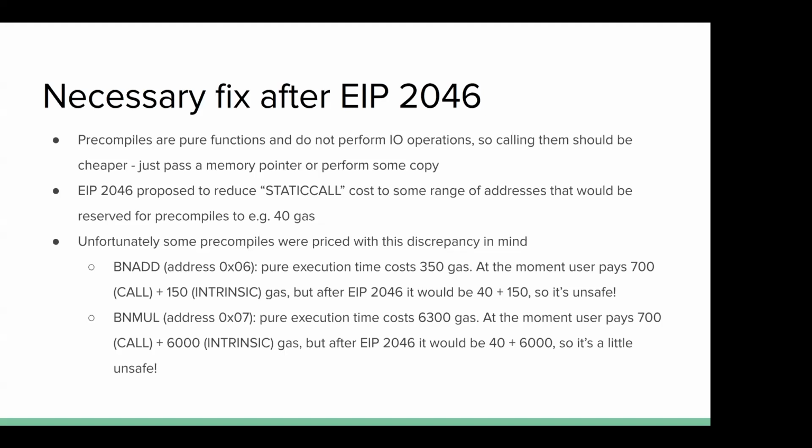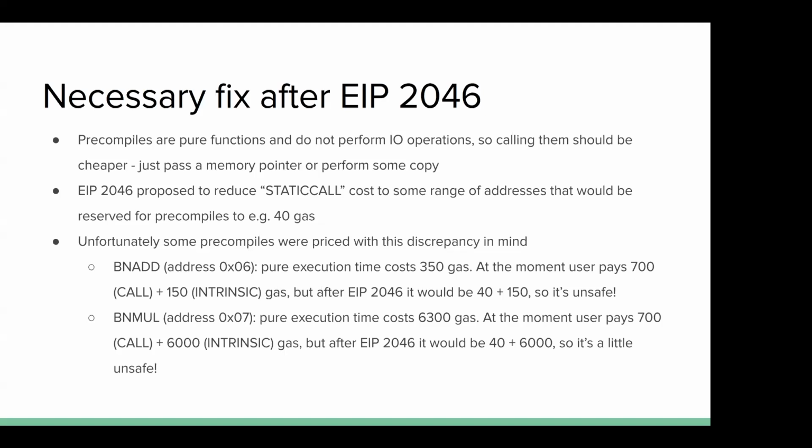So it's necessary to fix the prices in a sense that we should just make BN addition and BN multiplication costs to be what they are from benchmarks, and not internally compensate for the inefficiency of paying 700 gas for a call to the precompile, where the 700 is wasted, kind of.